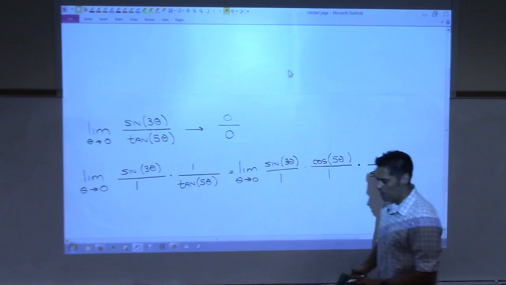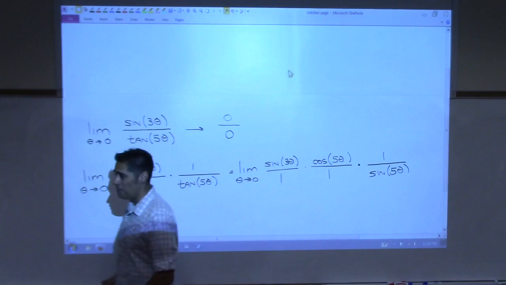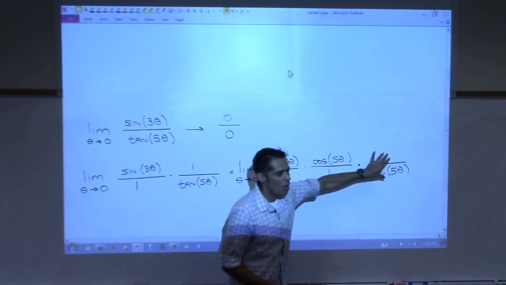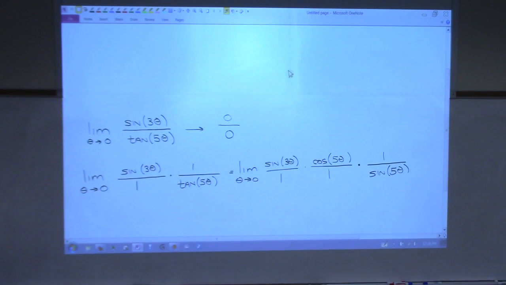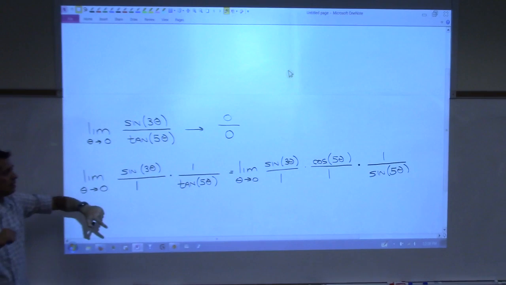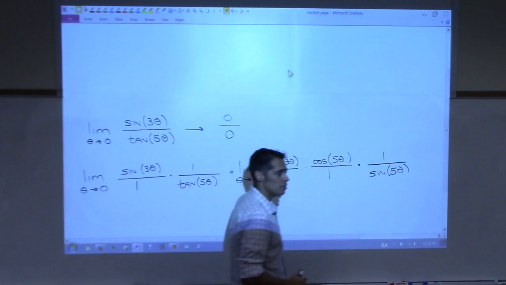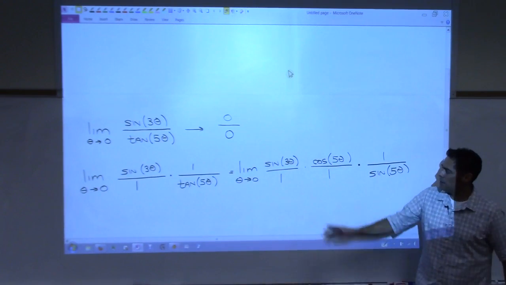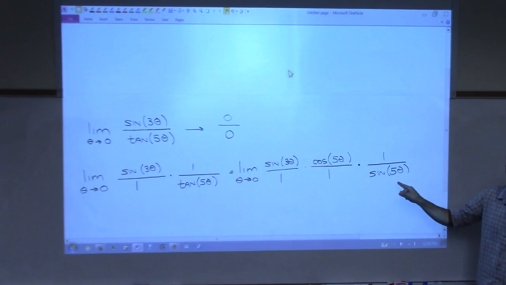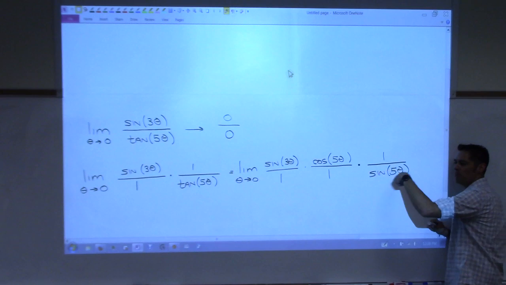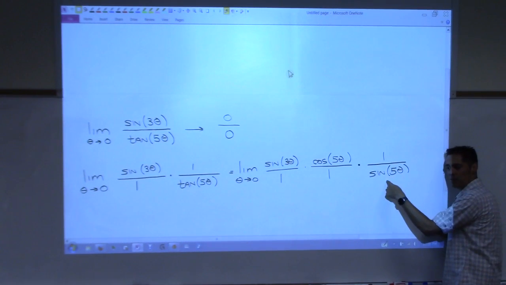I would like someone to tell me which of those three factors is causing the biggest problem. Which one? The 1 over sine 5 theta, right? Because that's causing you the division by 0. Do you agree? This one doesn't have a 0 down here. This doesn't have a 0 down here. This one does. I really have to deal with the fact that this is causing division by 0.